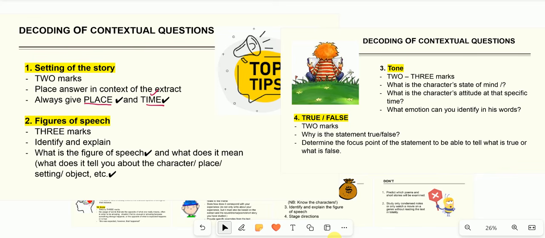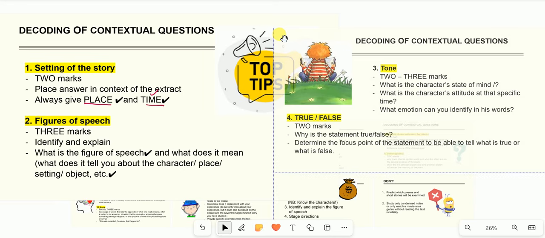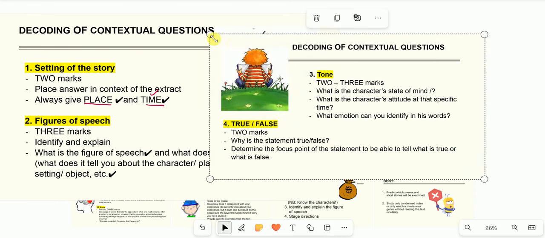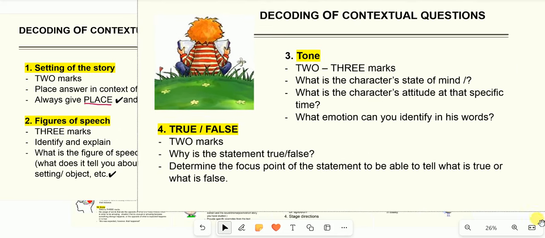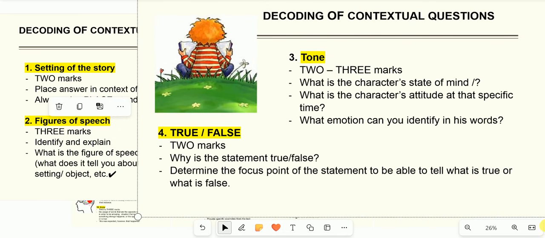Bear in mind that we call it a true or nothing question. And then grade 12s, please, you are going to also expect questions around tone. Tone means the manner in which the character is saying out the words, the manner in which the character is communicating.